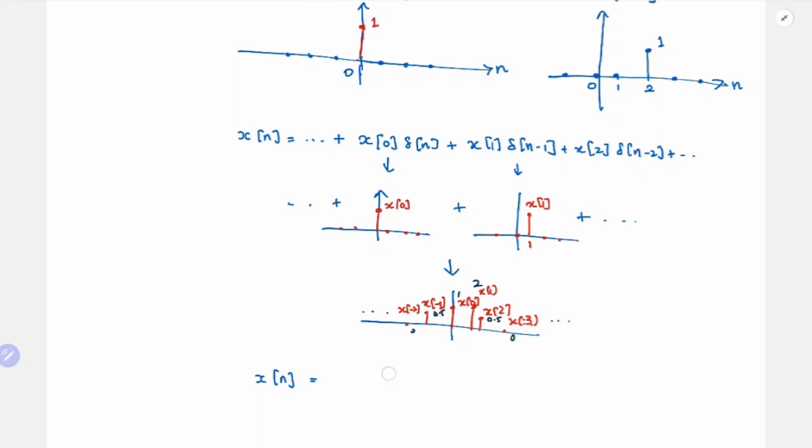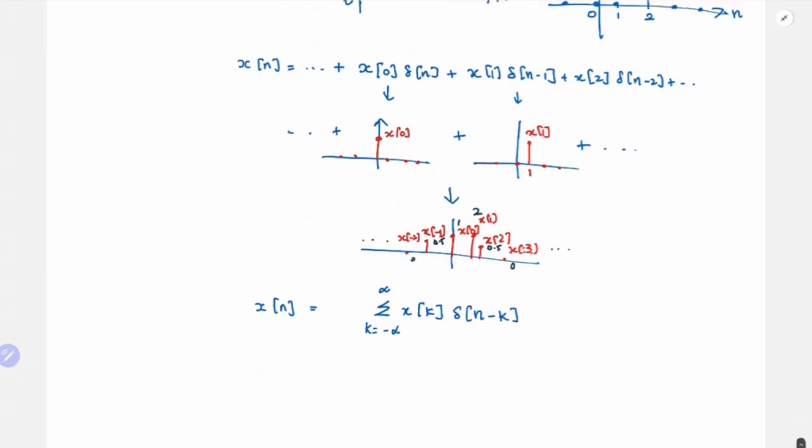If you observe, you have summation x of k, because this is the variable changing 0, 1, 2 and so on. Delta of n minus k, again with the changing variable. And k runs from minus infinity to infinity. So this is your representation of x of n in terms of impulses.